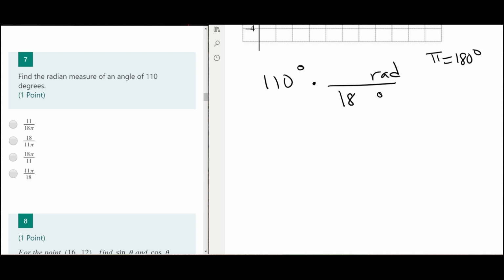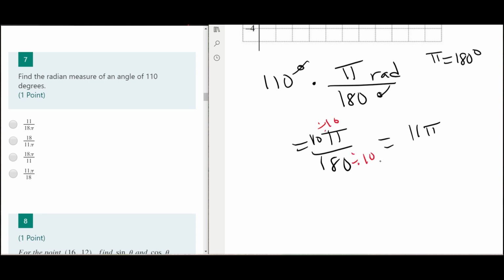So that means 180 goes on the bottom, pi goes on the top. Degrees cancels, so you get 110 pi over 180. And then you could reduce this by dividing by 10. And that'll give you the final answer of 11 pi over 18. Okay, so that's this one over here. 11 pi over 18.